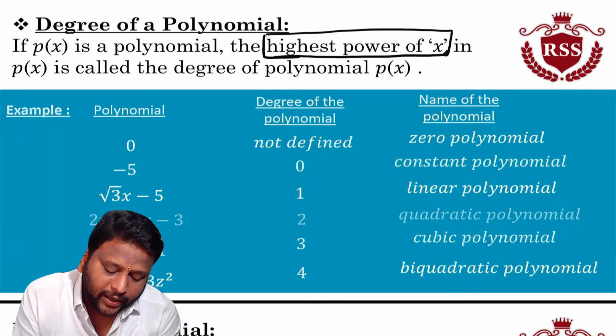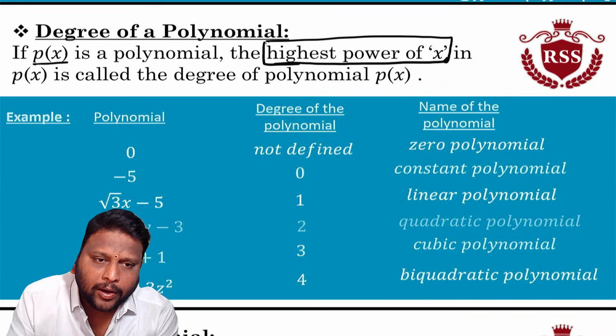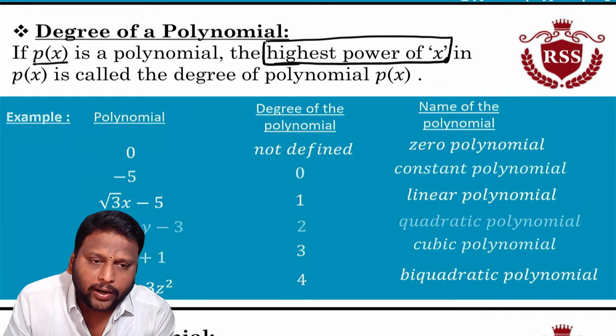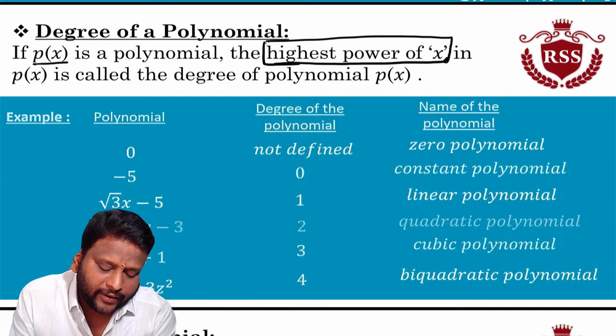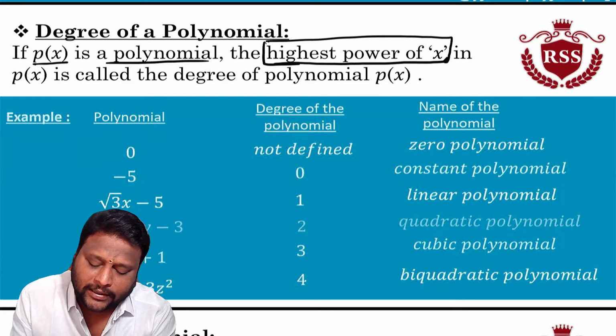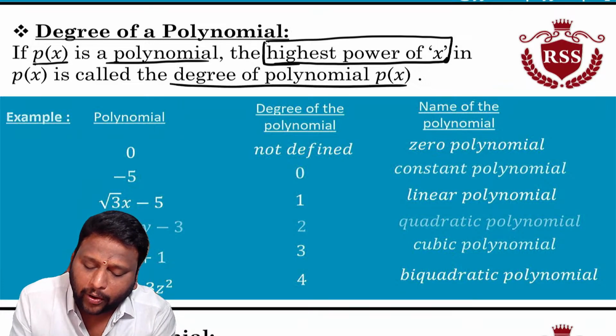If p of x is a polynomial, meaning an algebraic expression in x, the highest power of x in p of x is called the degree of the polynomial p of x.